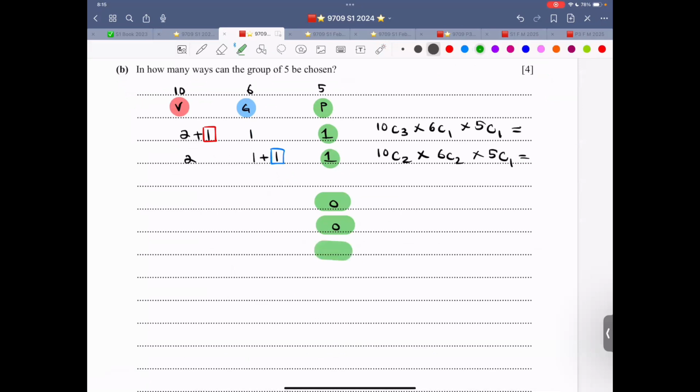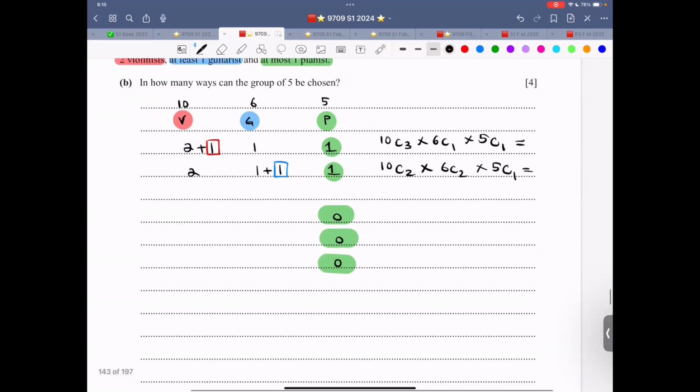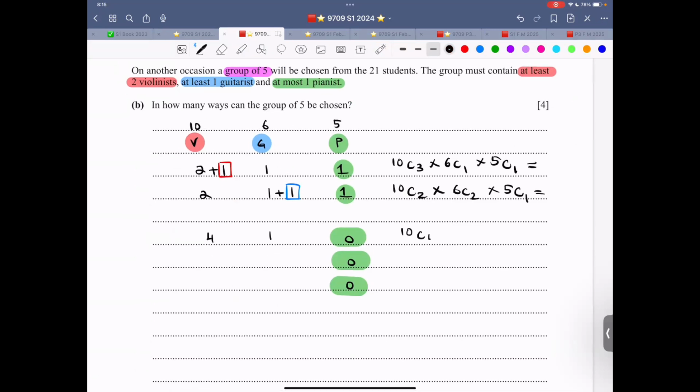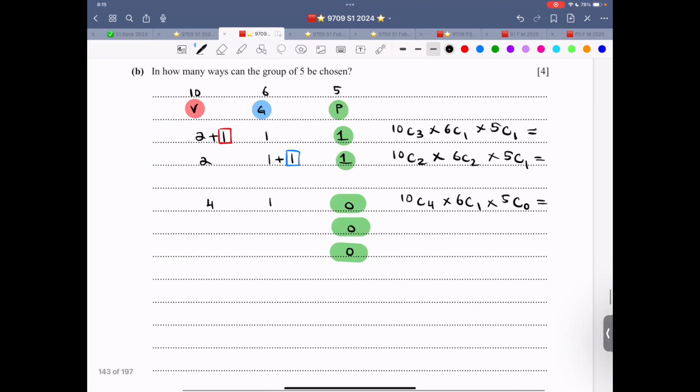So therefore, another 0 over here. And first of all, let me write with the biggest one. This is 410. So therefore, this is 10C4 into 6C1. And the last one, 5C0. Even if you don't write, it doesn't make a difference, but just go with the flow. And then a 3-2 and then a 2-3. Got it? So that is 10C3 into 6C2 into 5C0. And that is 10C2 into 6C3 into 5C0.